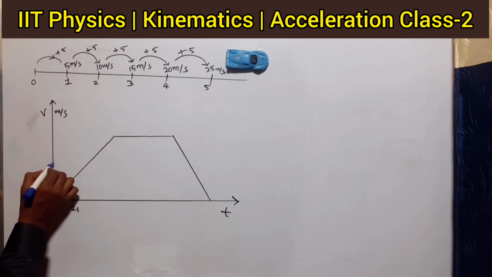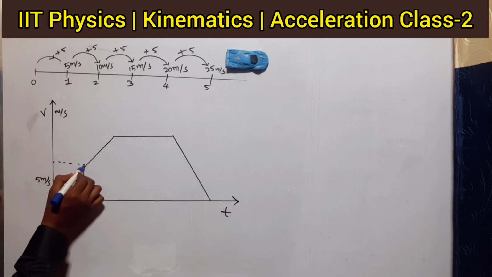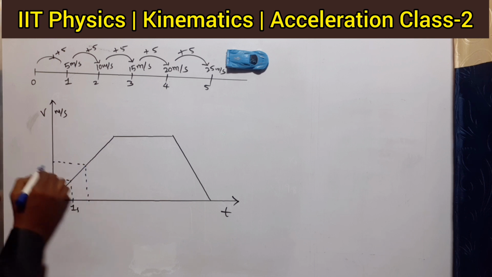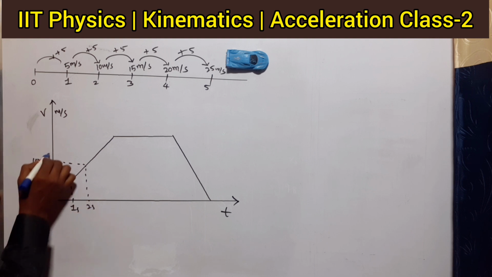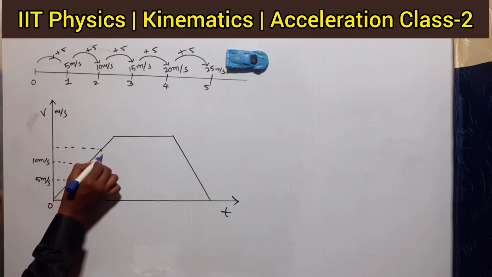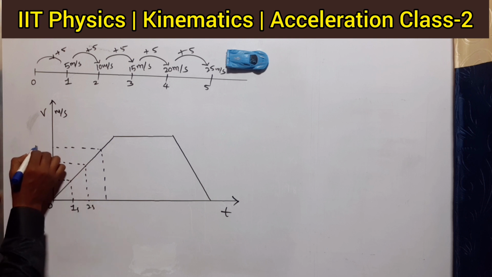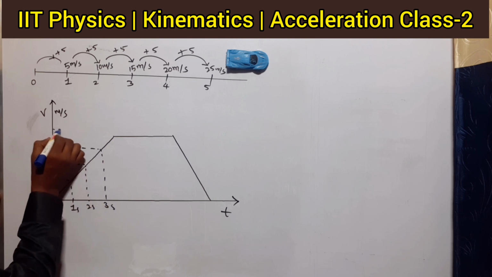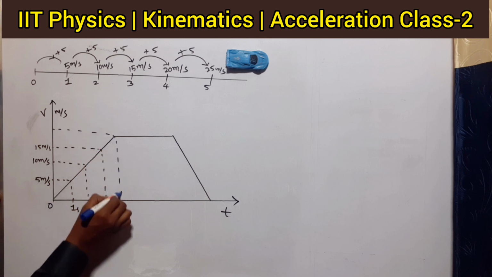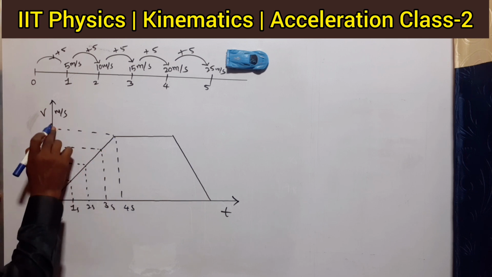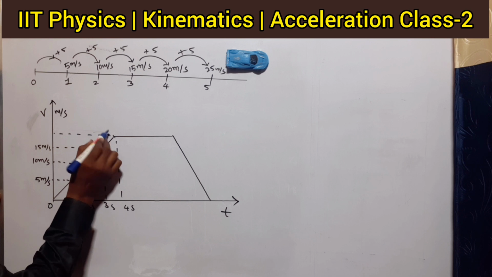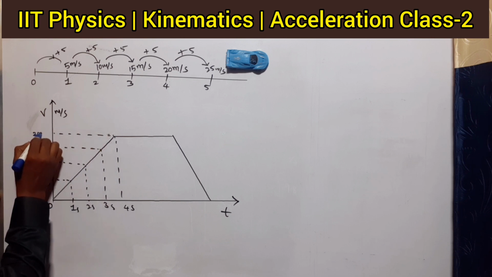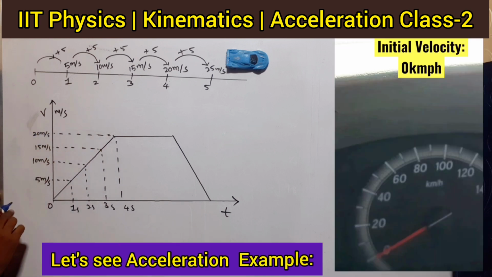Next, 2 seconds completed, plus 5, so 10 meter per second in 2 seconds. Next, 3 seconds: 15 meter per second speed in 3 seconds. Next, in 4 seconds it reaches 20 meter per second.